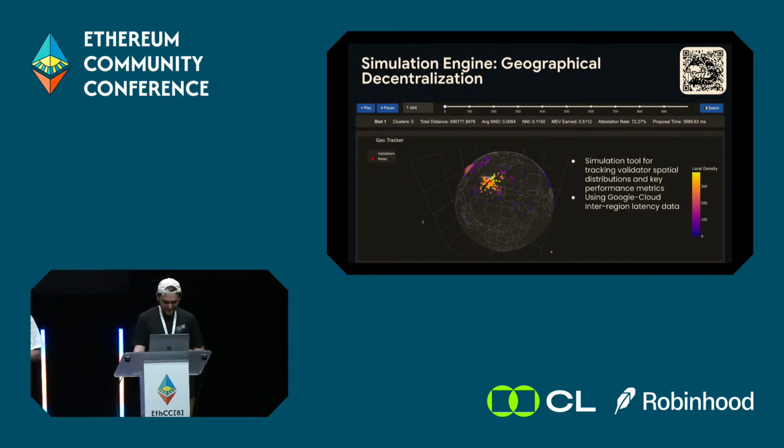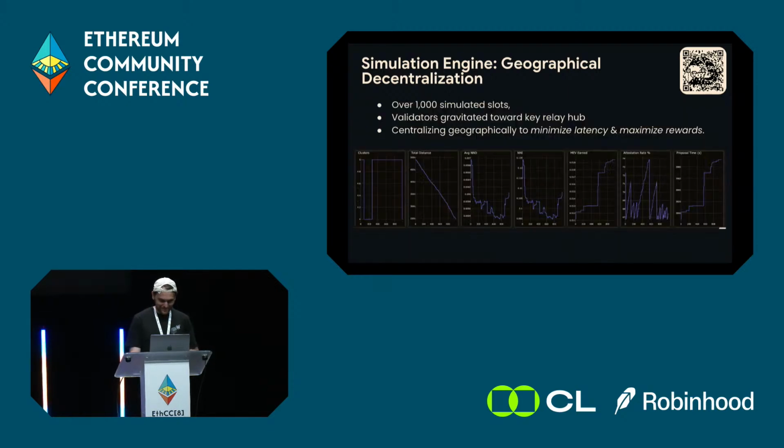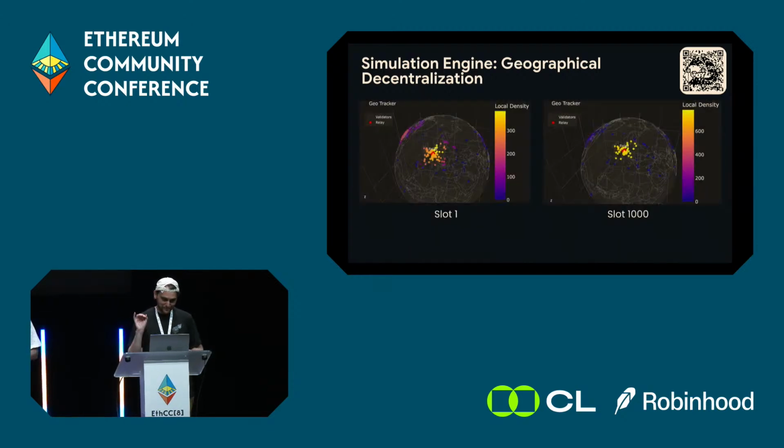I don't think it matches reality yet, but you have this nice way of feeding in the latency data, and you see the convergence of nodes clustering, right? Because there is a benefit of being close to certain kinds of nodes. There's a benefit of being close to the relay. And there is a benefit of being close to each other. Okay. That's one way of how you can use this data set.